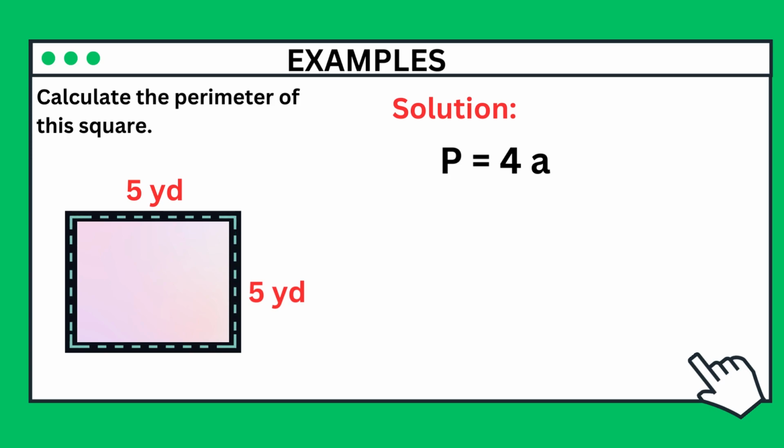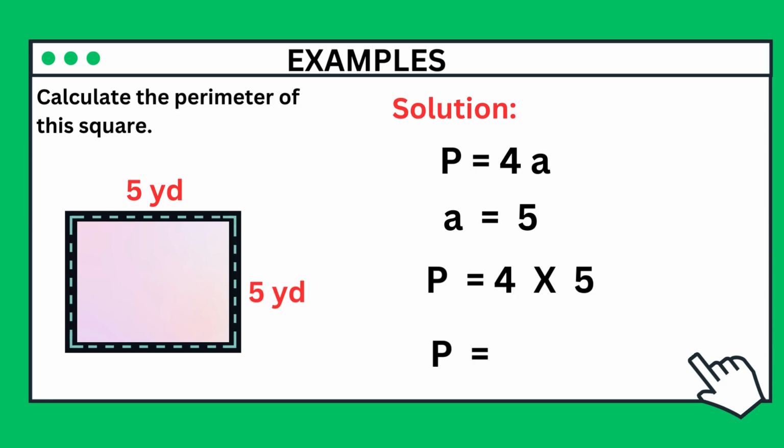Our a is equal to 5 yards. P is equal to 4 times 5. P is equal to 20 yards. So that gives us the answer, or the perimeter of that square.